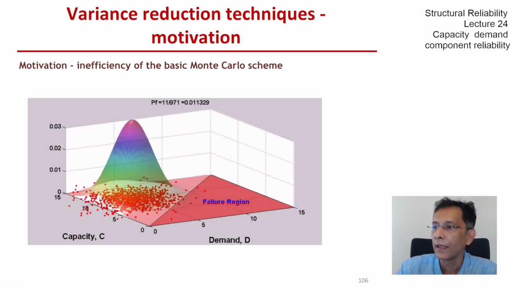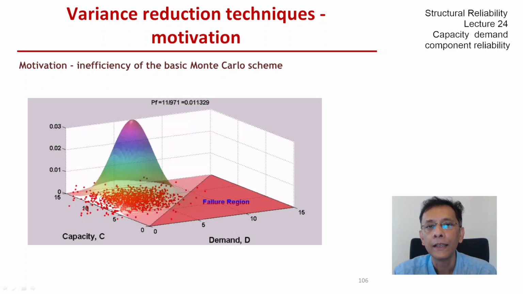So one might wonder that so many points that fell in the safe region are in some sense wasted. We find use only for those 11 points or so that gave rise to failure. So can we not do something?